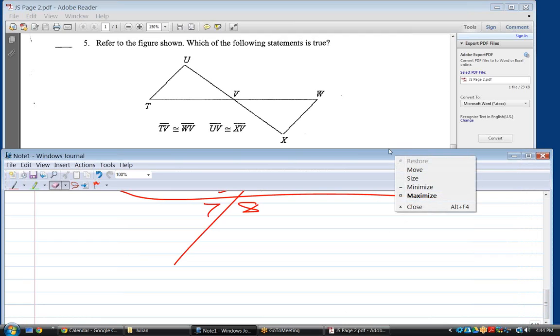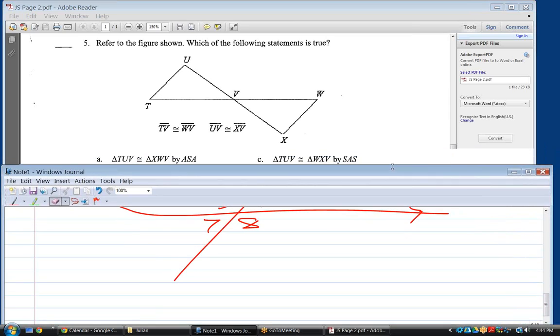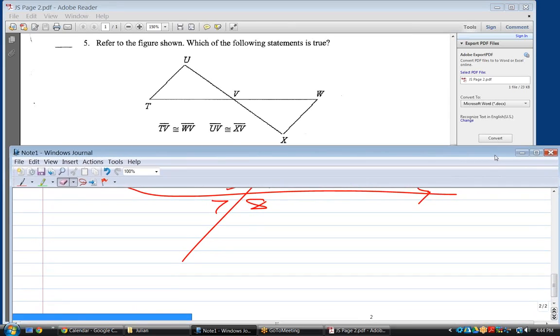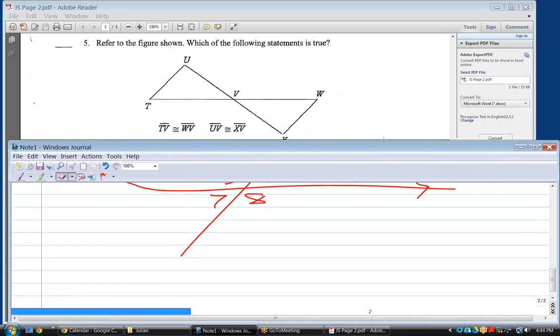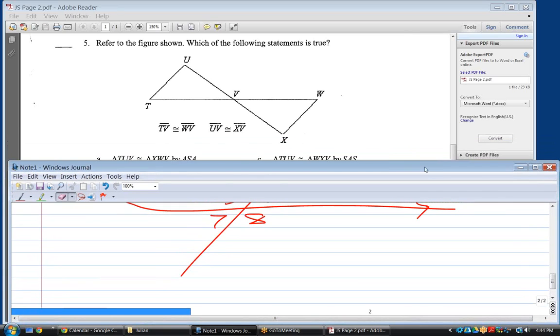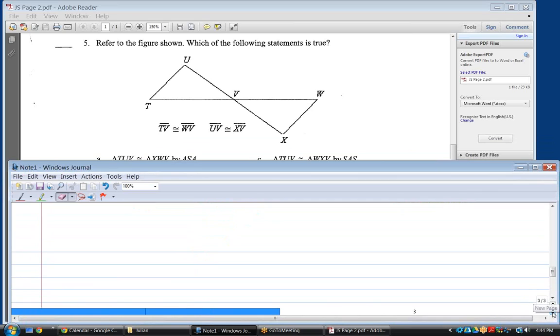Hold on, let's talk about that, because we haven't really talked about that a lot. Naming it properly. When we name the triangle, it orients it properly. So I'm going to draw these two triangles separately here.